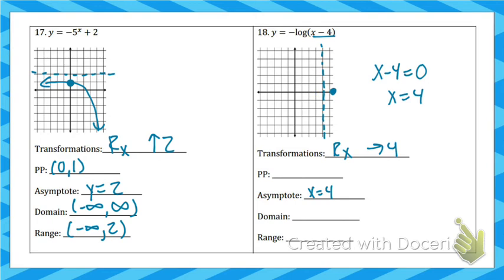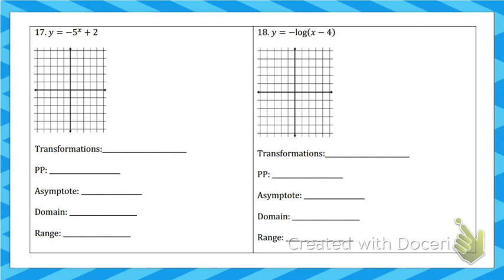The shape normally looks like this, but we're reflecting it over the x. New pivot point here is at 5, 0. Domain is from the asymptote, so from 4 to infinity. Range, -infinity to infinity.